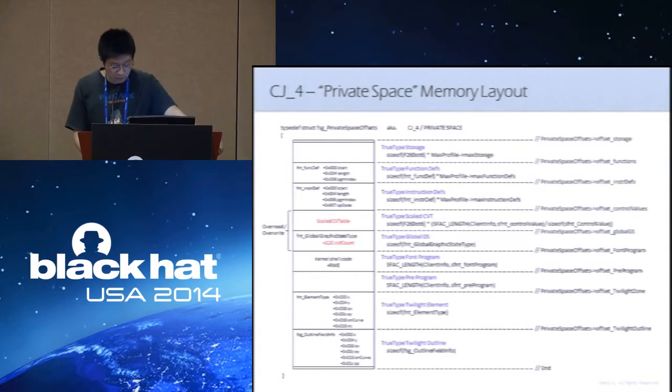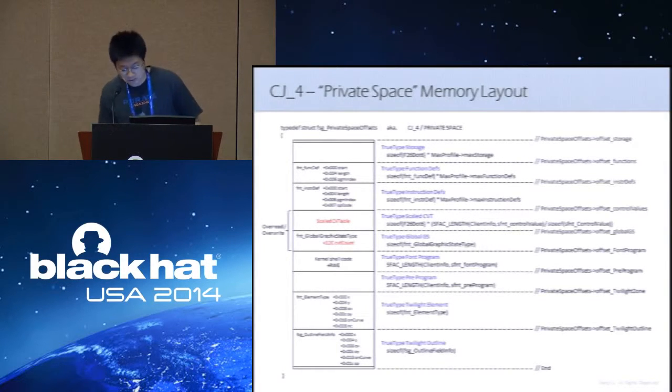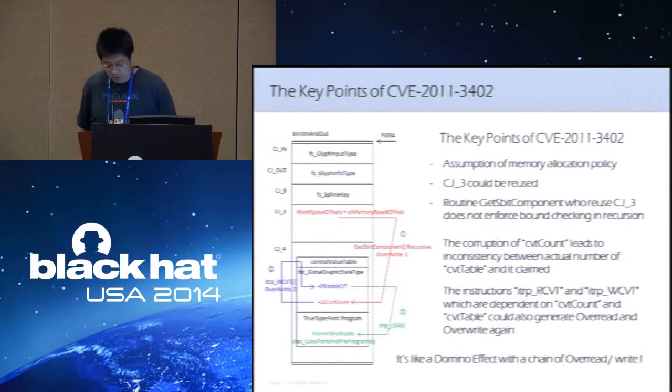In CG_4, we could find information like the runtime state of the TrueType interpreter, the virtual machine stack, the storage area info, and even the instructions of the font program and pre-program, and so on. Among these, the field CVT count in the global is a key point of our story today.